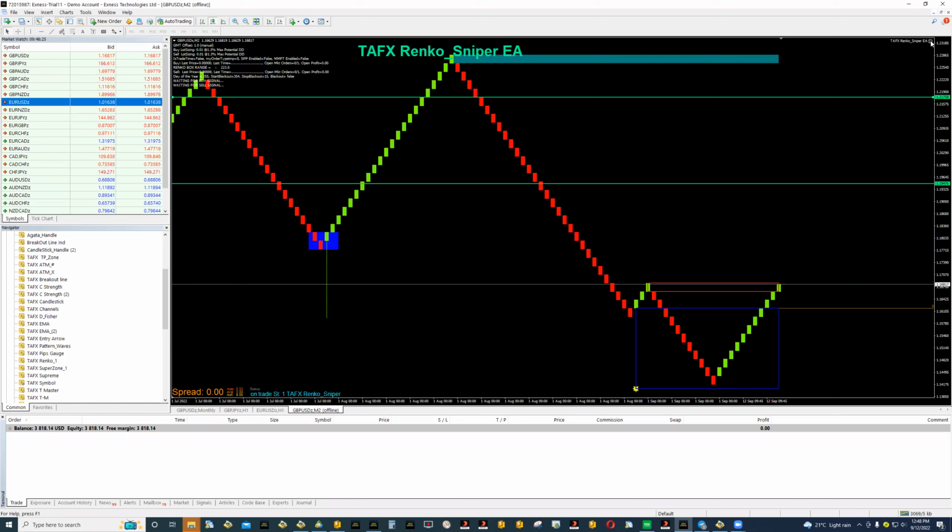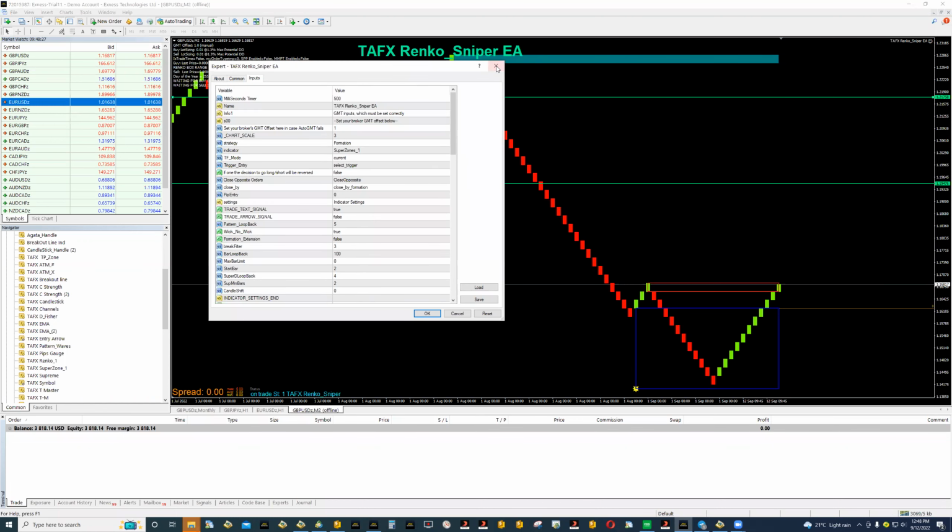Just go to your EA. Make sure the strategy is set for the formation, all right? Now, you will go to the start bar setting.